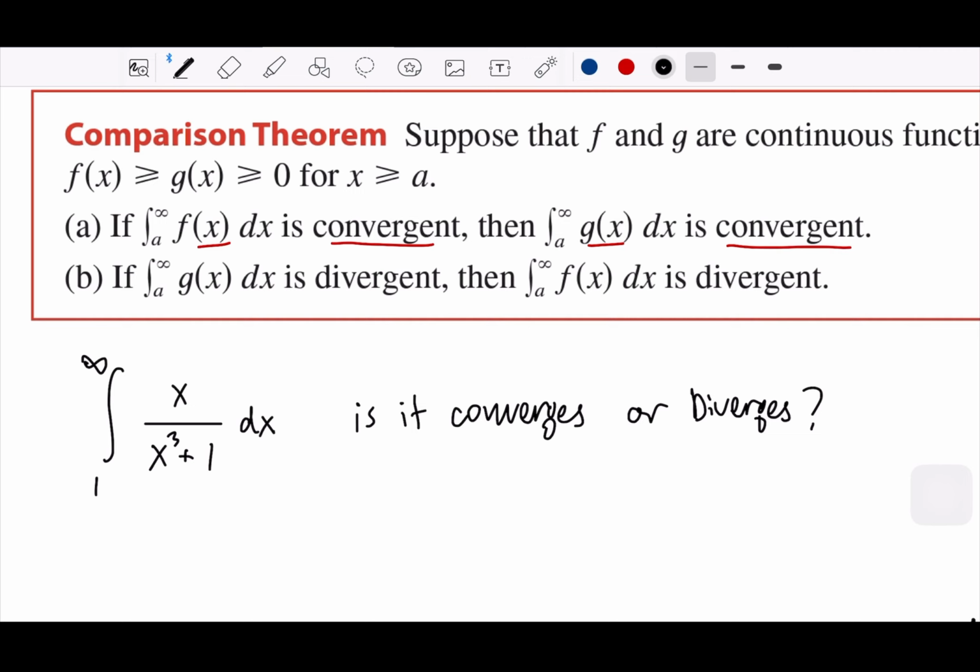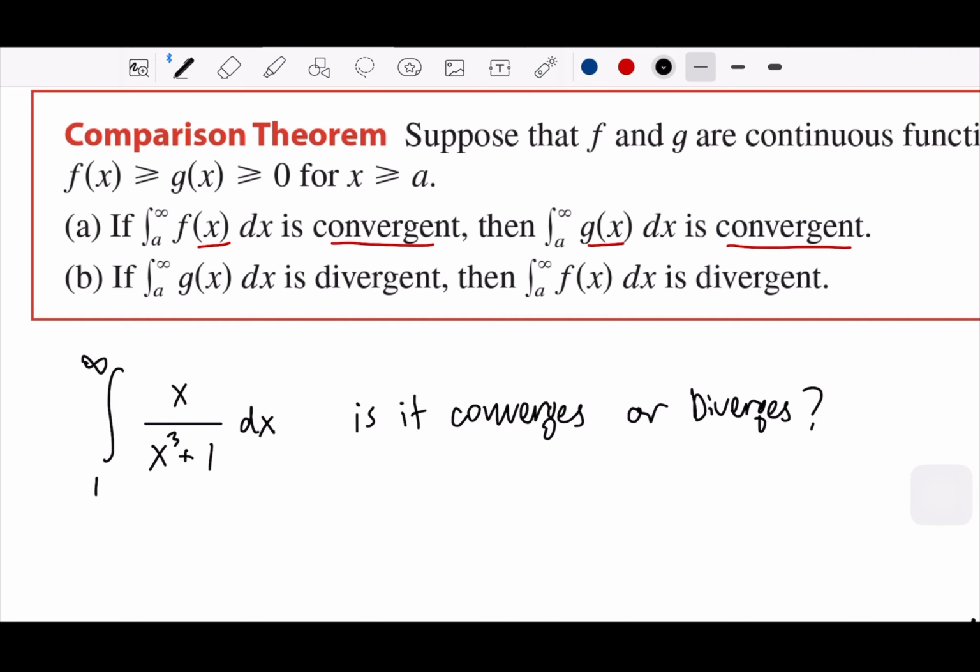The question is just asking converge or diverge. It doesn't need to be computed, like if it converges, what's the value? That's not necessarily important for this question. This is just asking converge or diverge, which means we can set up some other integrals that can be easily evaluated. So we have x over x cubed plus 1.